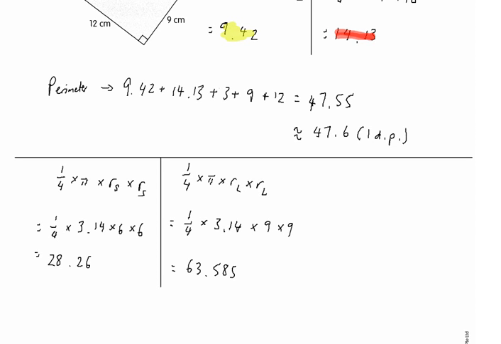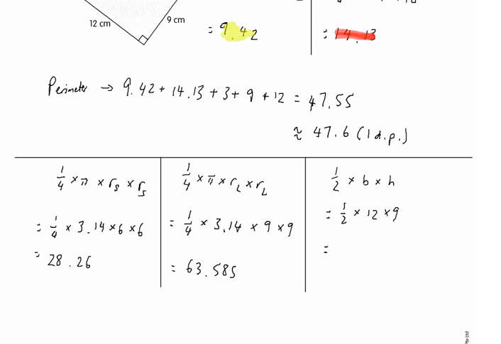Okay, and the third thing I need to find is, of course, the area of the triangle. To find the area of the triangle, Jack, what's the formula? Half times base times height, right? Which is half times 12 times 9. Correct?